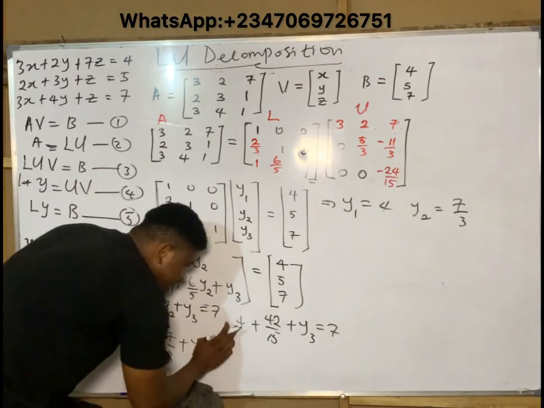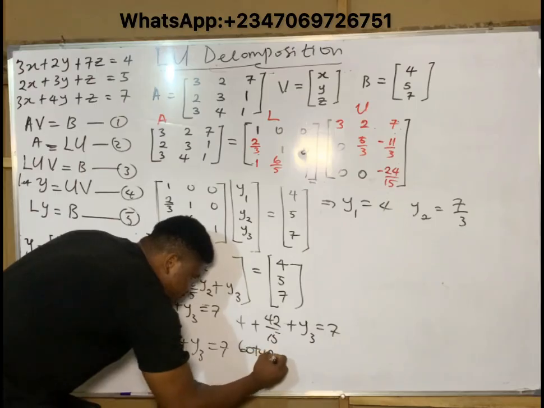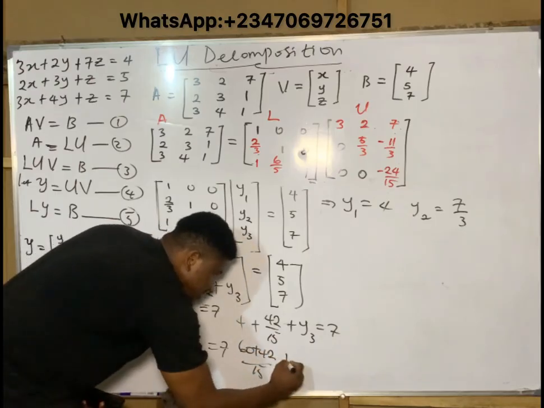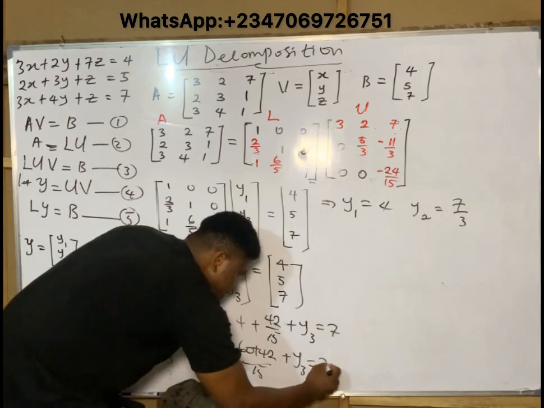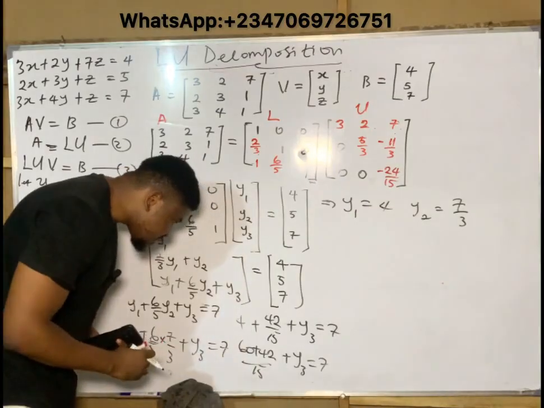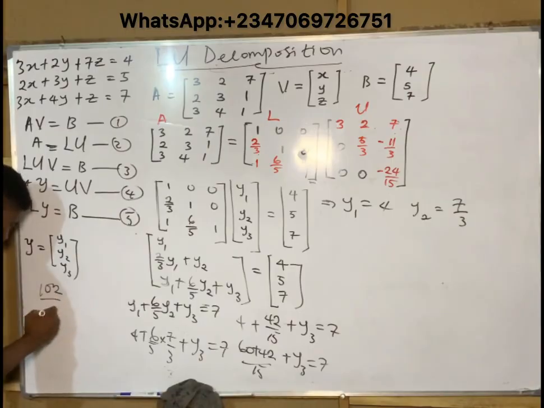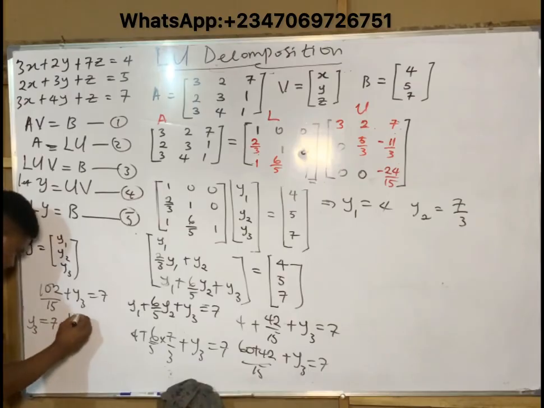So we have 15 times 4, that gives us 60, plus 42 over 15, plus y3 equals 7. 42 plus 60 is 102, divided by 15, plus y3 equals 7. So we make y3 the subject. y3 becomes 7 minus 102 over 15.